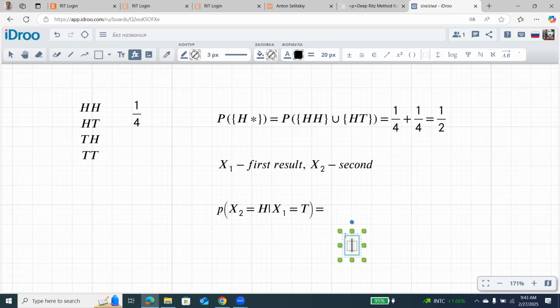So it's called conditional probability. 1/4. So you flip a coin and you know the result. Then you flip the coin a second time. So it won't depend on the result from the previous flip. So it should be 1/2 actually.